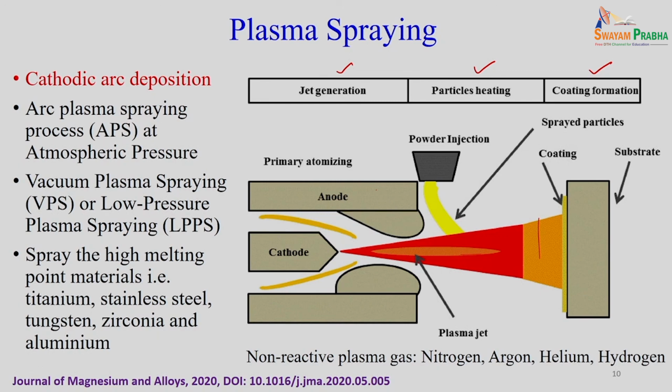If it is performed at atmospheric pressure, we call it arc plasma spraying, and if it is performed at low pressure, we call it vacuum plasma spraying or low pressure plasma spraying.